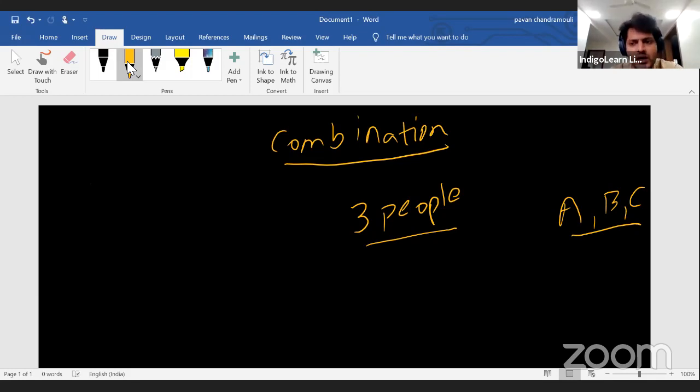Now you may wonder, how is it different from a permutation? In a permutation, the order in which you arrange them basically matters a lot. So ABC is different from ACB, BCA is different from BAC, CAB is different from CBA. But in a combination where I am trying to select these 3 people, the order in which I select them doesn't matter, because ultimately all 3 are part of the team.